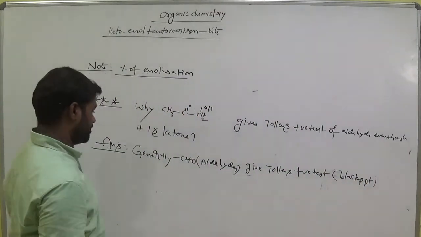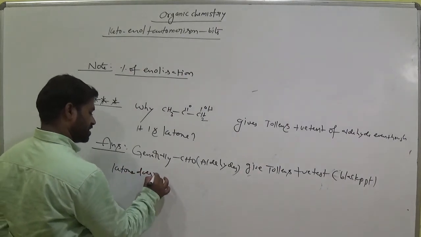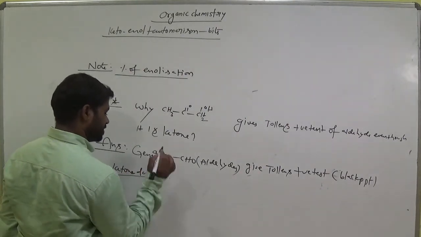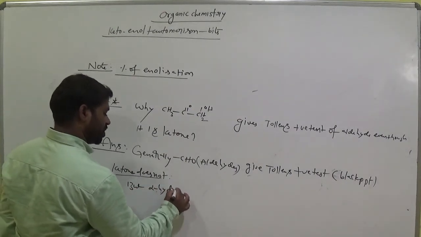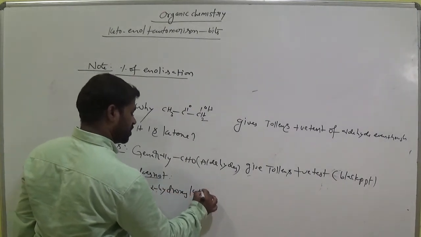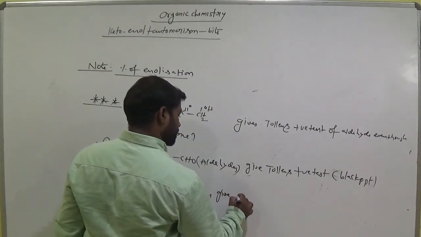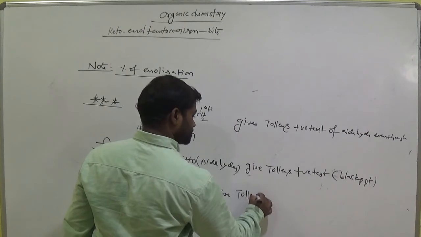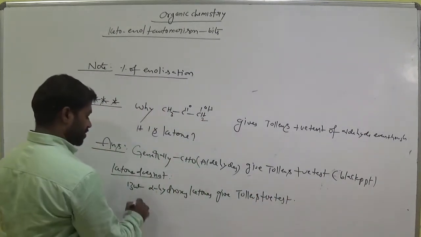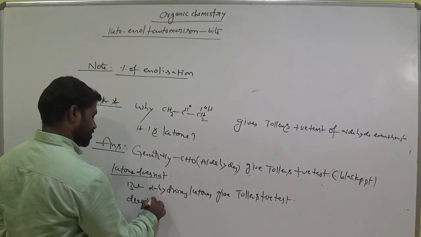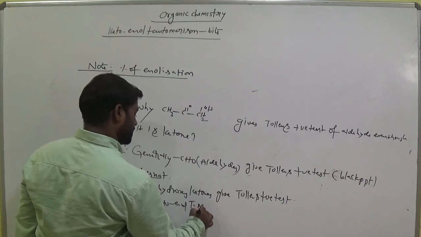Ketones do not. But alpha hydroxyketones give Tollens positive test due to keto-enol tautomerism.